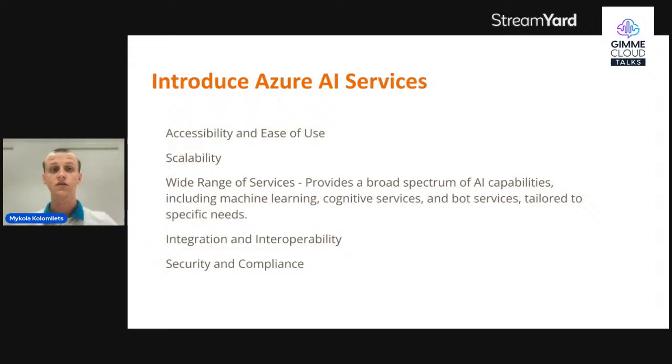We can use it by usual APIs, or we can create services in the Azure portal and start using it the easy way. So it is the first big benefit that we can use it without any machine learning background knowledge.